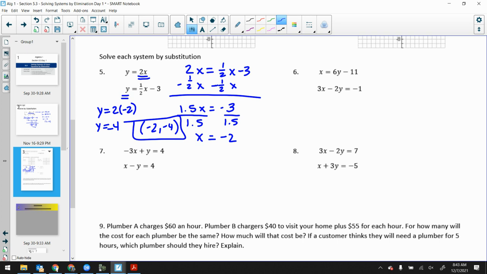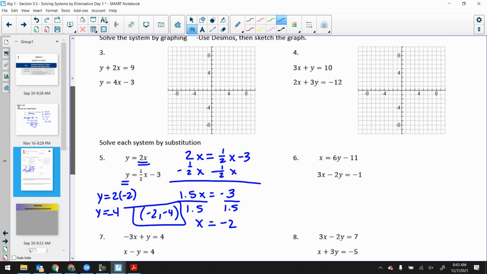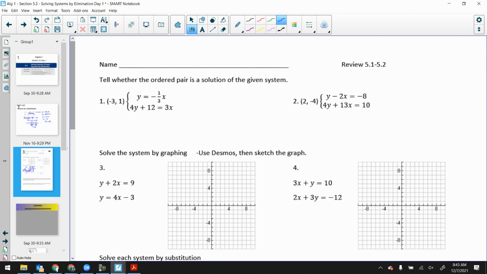What other questions do we have? Number 1. So let's go in for number 1 and just plug it in. The negative 3 is the x. So let's go equation 1 first. y is equal to, so 1 is equal to negative 1/3 times negative 3. So that is negative times a negative is a positive. 1/3 of 3 is 1.